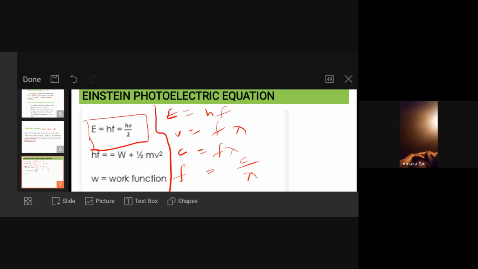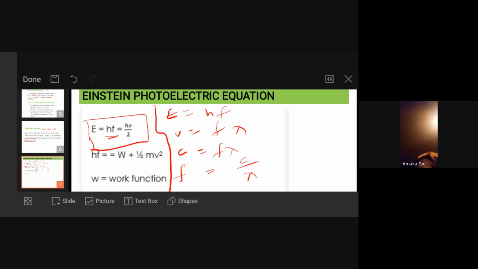Meanwhile, this is how we calculate the energy of the photon. This is not the broad overview of the whole photoelectric equation. We use this equation to calculate the energy of the incident photon. So the energy of the incident photon can be calculated by Einstein's photoelectric equation, where E is equal to hf or E equals hc over lambda.